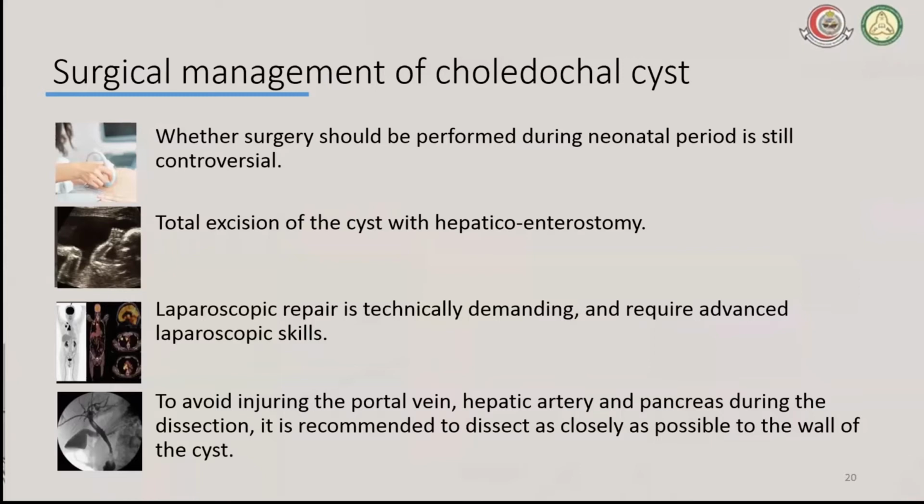If we are doing the hepatico-duodenostomy, it is more anatomical in the sense that we are not creating a limb or an additional anastomosis, and we propose it is more physiological, and it is easily accomplished even when done laparoscopically.